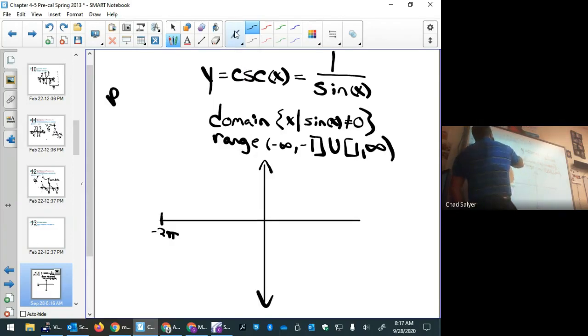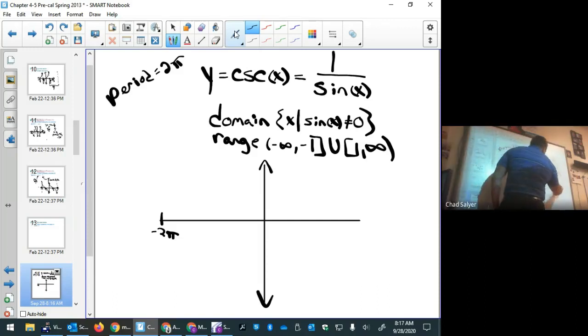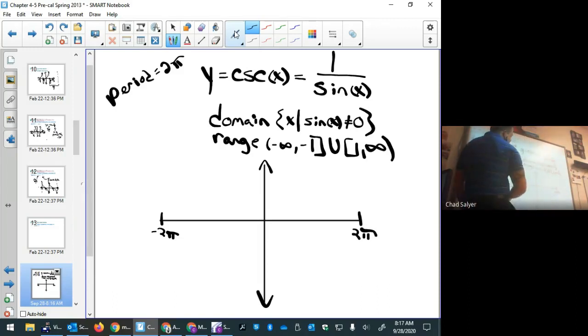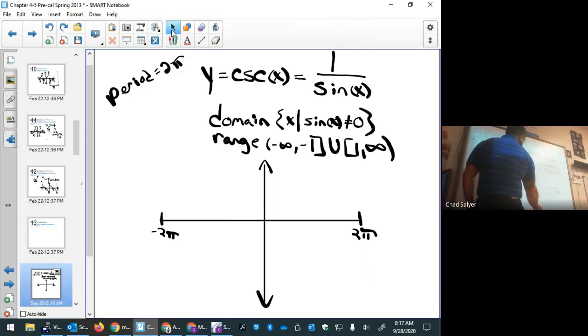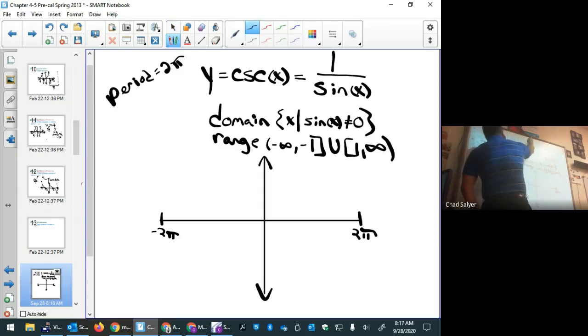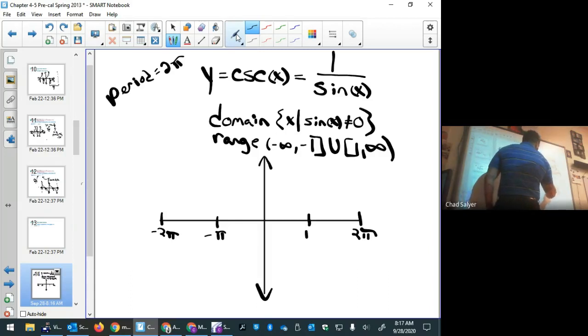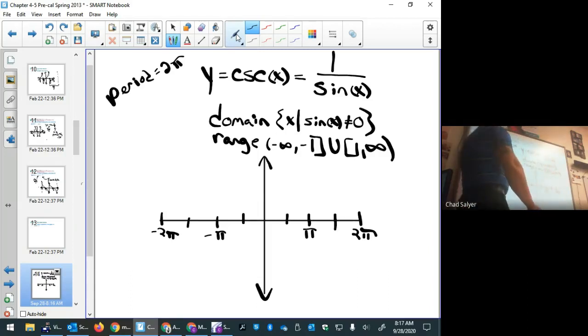The period is 2 pi, just like the sine itself. So we're going to dot in the sine.